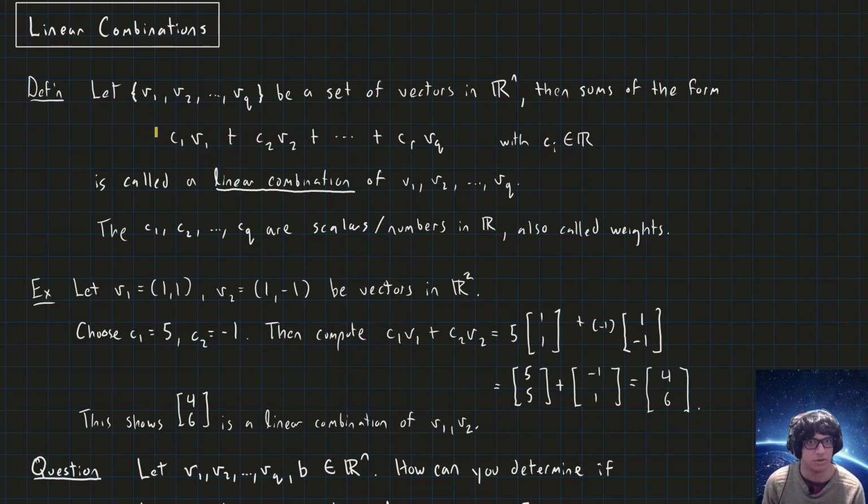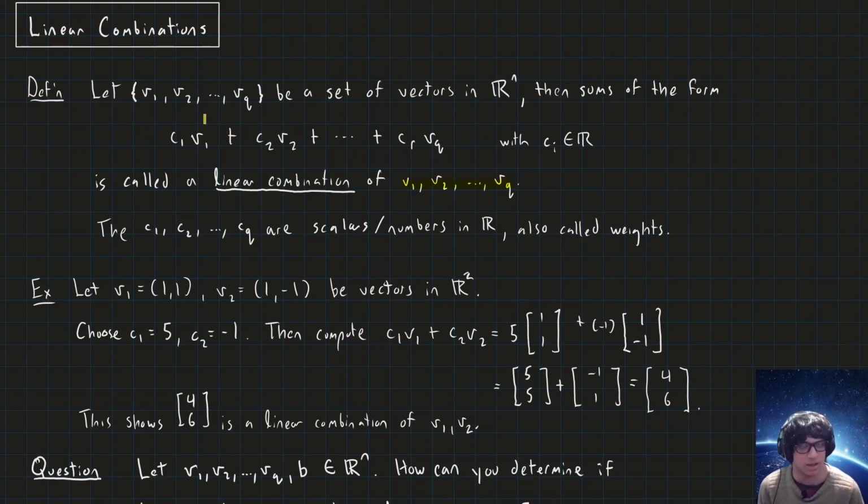We multiply c1 times v1, then add c2 times v2, and so on. Something of this form is a linear combination of v1 through vq.